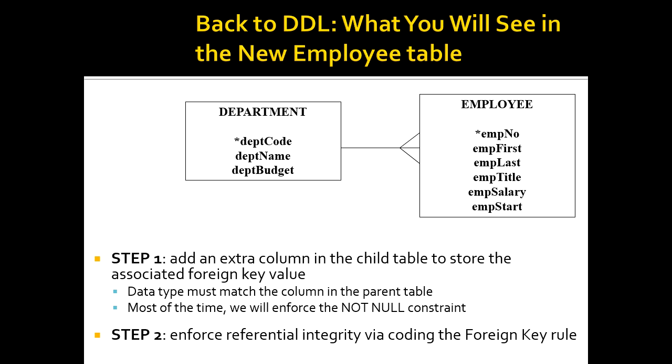We'd have a child record with no way to relate it back to the parent record. Now, under some circumstances, that might be allowed, but that's the kind of rule we can enforce with a referential integrity relationship. We'll see that we'll have options such as maybe, because of this relationship, to maintain referential integrity, we'll actually implement what's called a cascade delete. So that if you delete a parent record, all the related child records are automatically deleted as well. So you don't have any orphan children left behind, right?